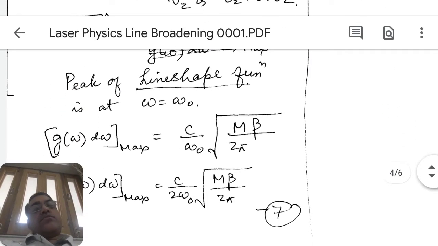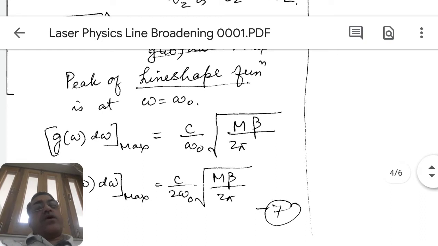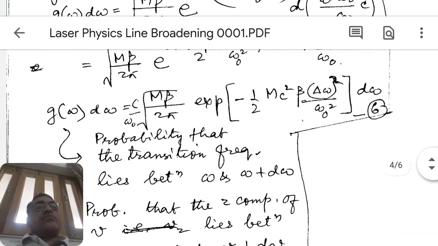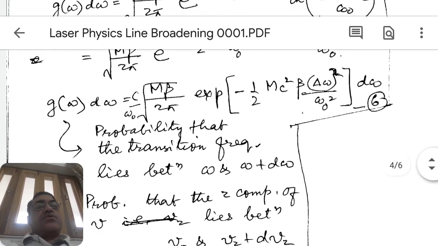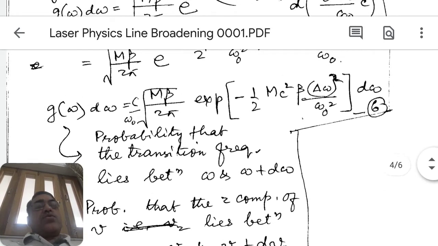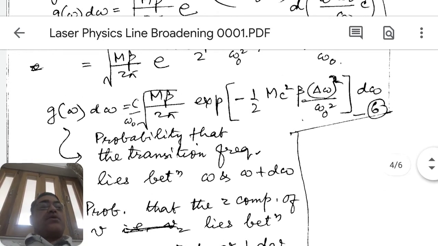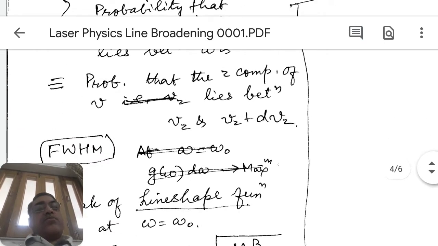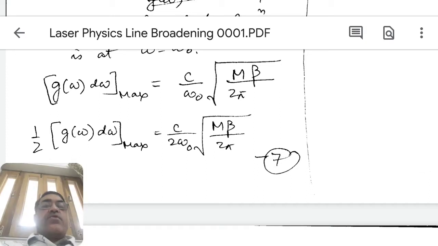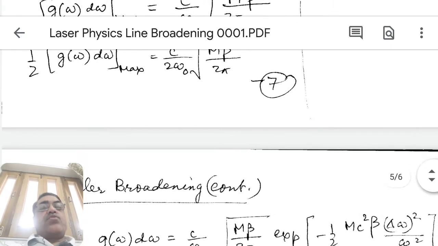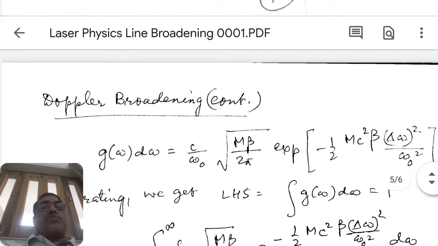So I get c by omega naught under root of m beta by 2 pi. Finding half of this value gives c by 2 omega naught under root of m beta by 2 pi. Let this be our equation number 7.